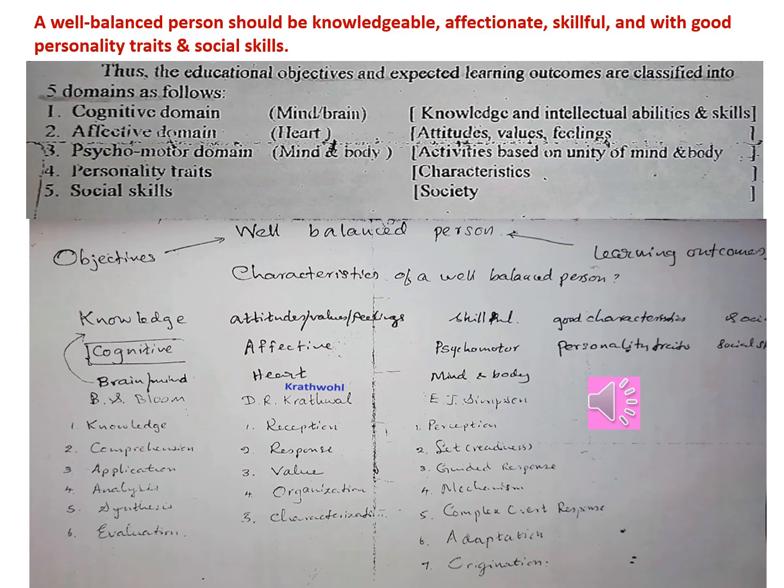He should be knowledgeable. He should have knowledge about things, right? Subject matter, maybe about the world. Affectionate, very kind, with good attitudes and all, positive attitudes. Skillful and with personality traits and social skills, right? Positive ones.